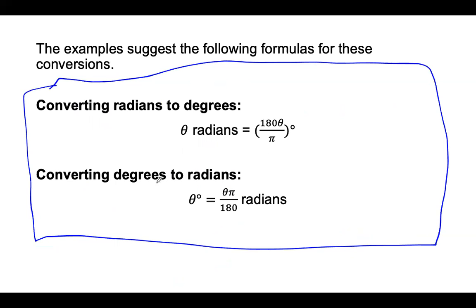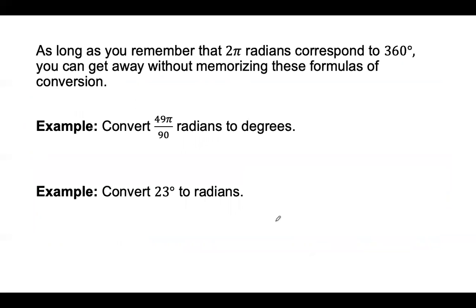Or to convert degrees to radians, multiply the degree by pi, divide by 180, and then we have a radian measure. So that's what we just did, but there are formulas if you felt like memorizing them. Let's see 2 examples and we'll take a quick break. If you remember that 2 pi radians corresponds to 360 degrees, you don't have to memorize the formulas. It's kind of easier.